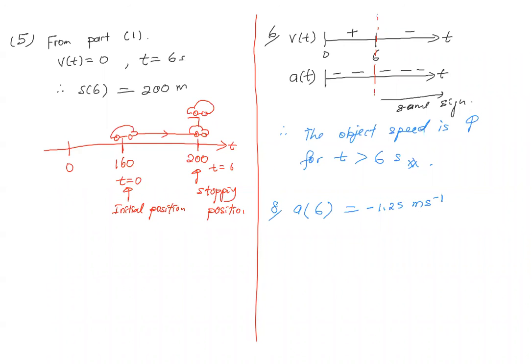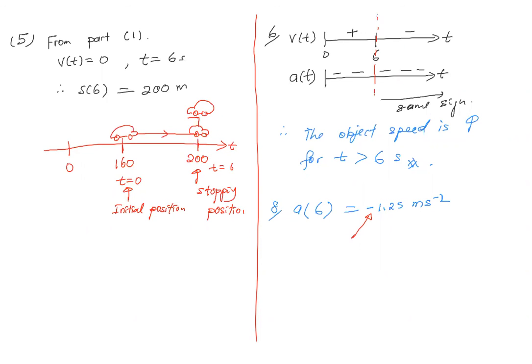Okay, can someone interpret this? Who wants to try? I didn't teach you how to interpret this. I want to see, how do you interpret acceleration? Can I say the object accelerates at a decreasing rate, or do I have to say decelerate?